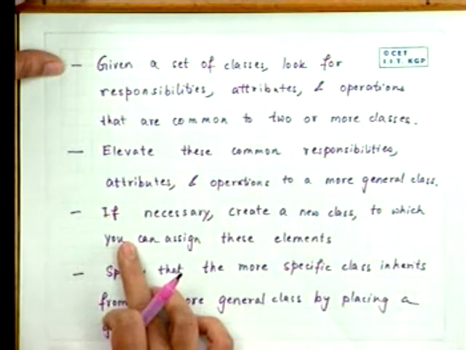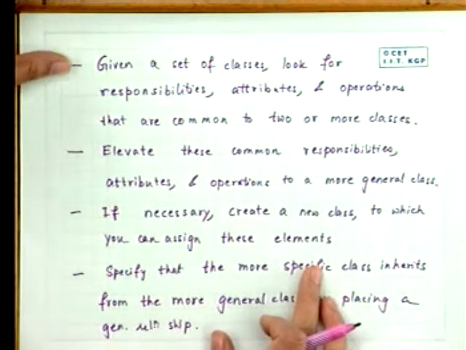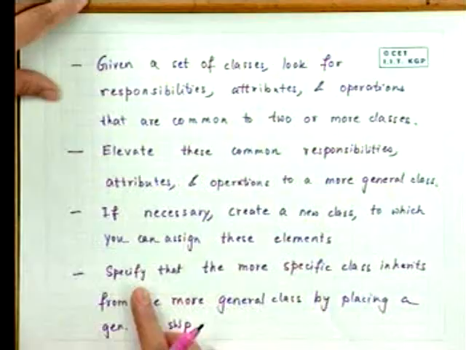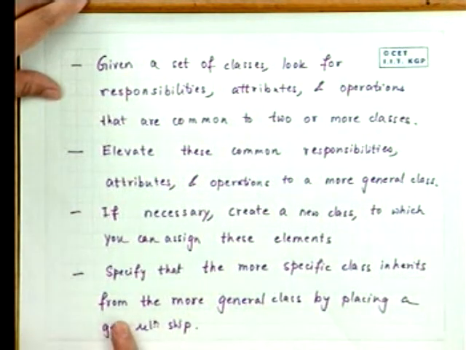If necessary, we create a new class to which we can assign these elements. And we will see that often this new class may be an abstract class as opposed to a concrete class. More of that later. Finally, we specify that the more specific class inherits from the more general class by placing a generalization relationship from the specific class to the more general parent.